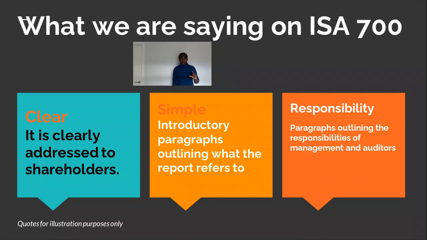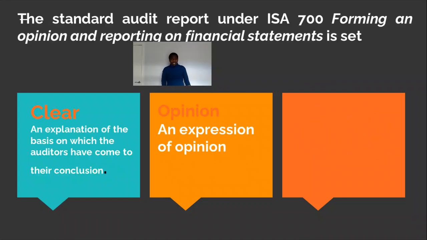The responsibility of the management and the responsibility of the auditors both must be clearly stated. I think by the time you do all this, you've scored a lot of marks already. Also, an explanation of the basis of our auditor's opinion and the conclusion we reached in forming our opinion. Then, last but not the least, we must express our opinion as to the truthfulness and the fairness of the accounts.